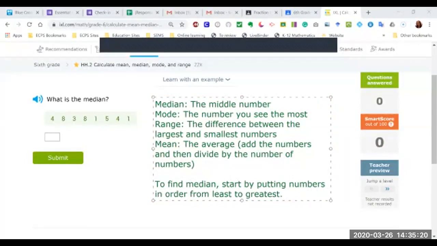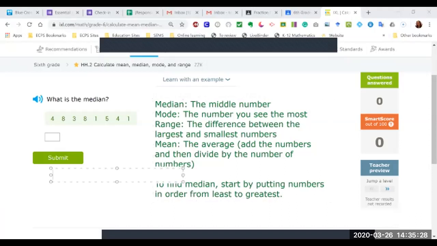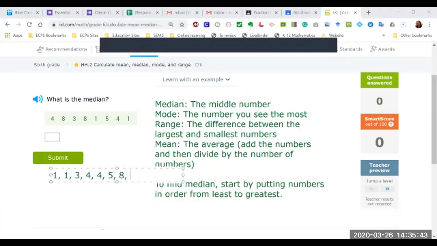So for median, it is very important that you put the numbers in order from least to greatest first. Otherwise, you don't really know what the middle number is. So I'm going to start with that. I've got a 1, another 1, a 3, 2 4s, a 5, and 2 8s.